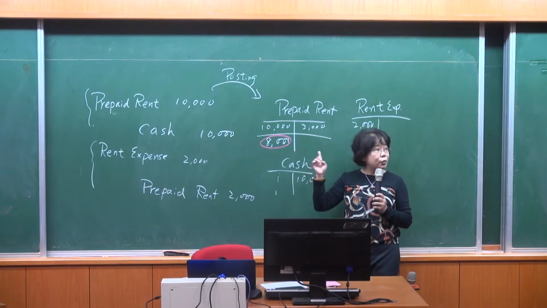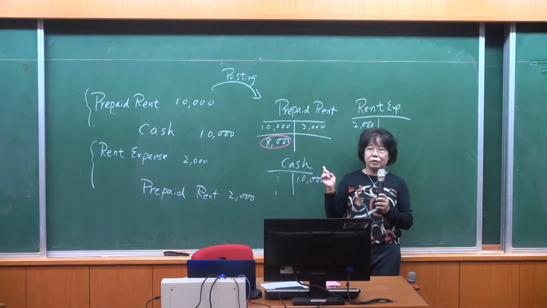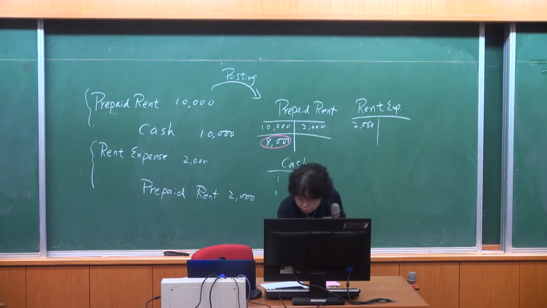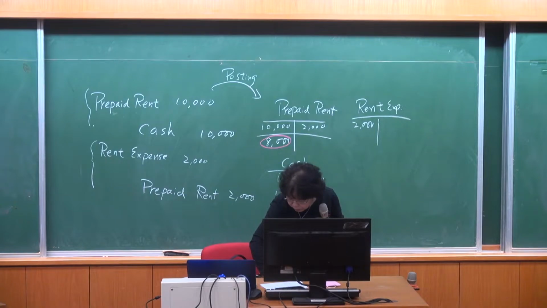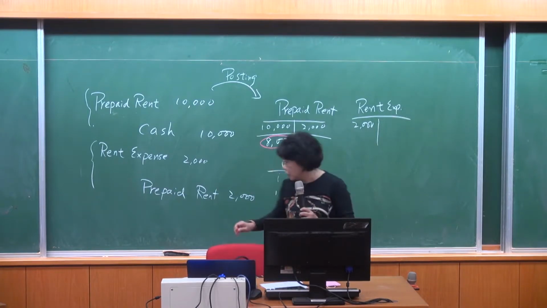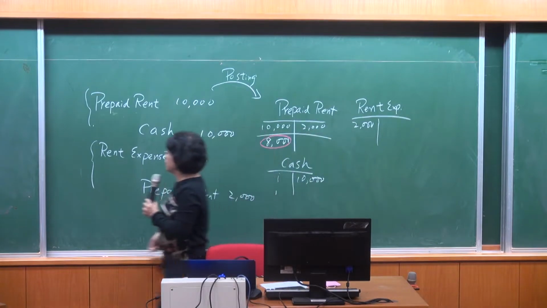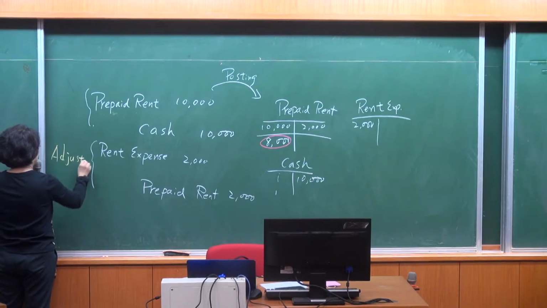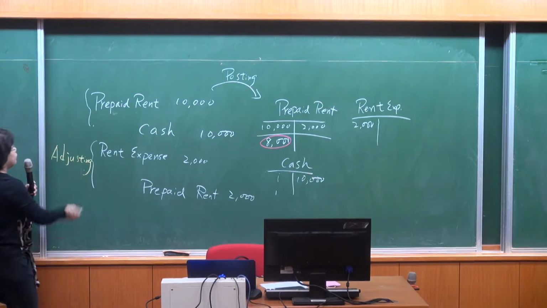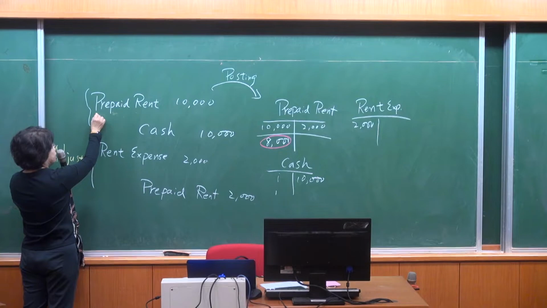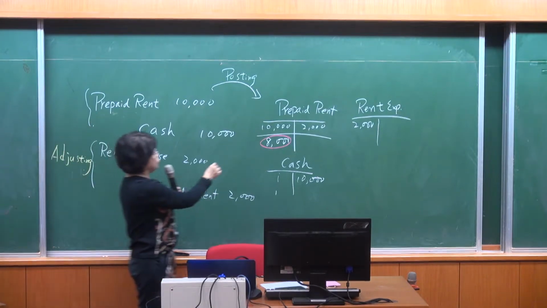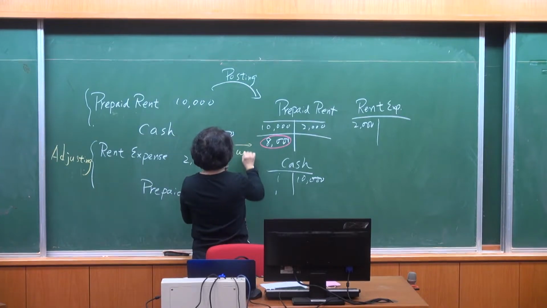Okay? So which means what you are doing now, because I need to charge this, this is what we call adjusting. Adjust the original one, and after the adjusting entry, then go to the updated one.